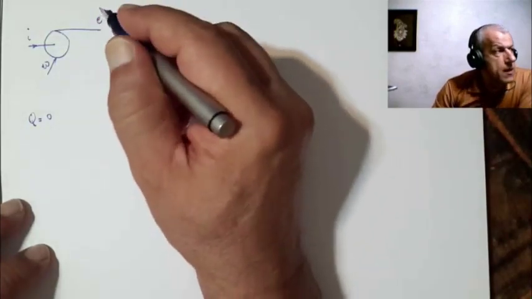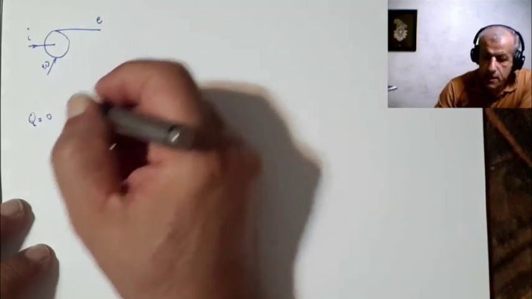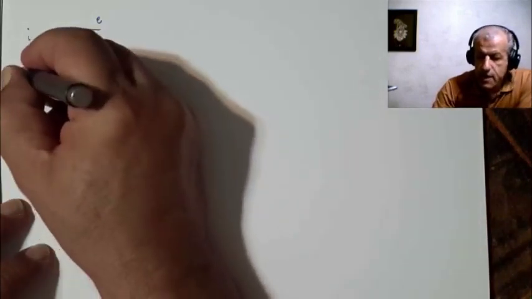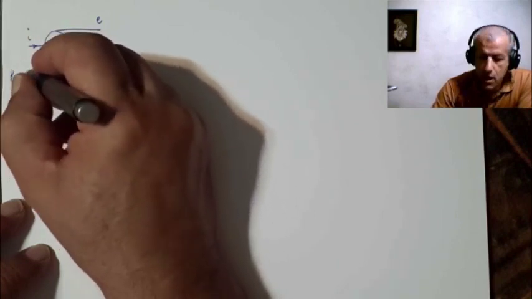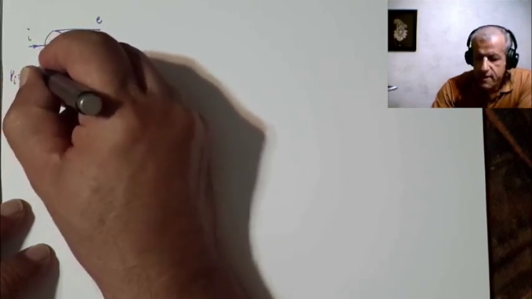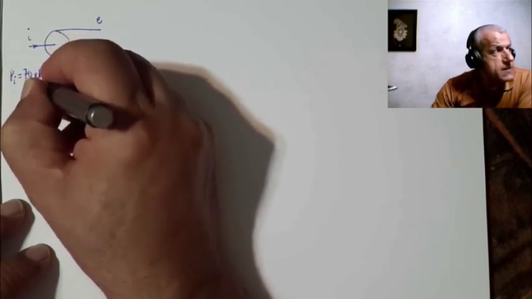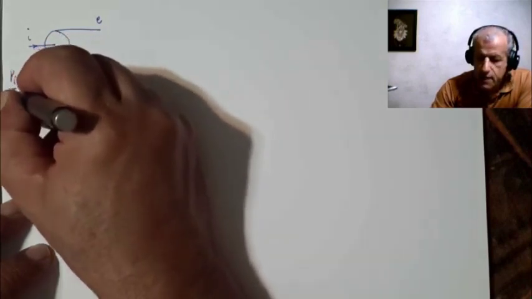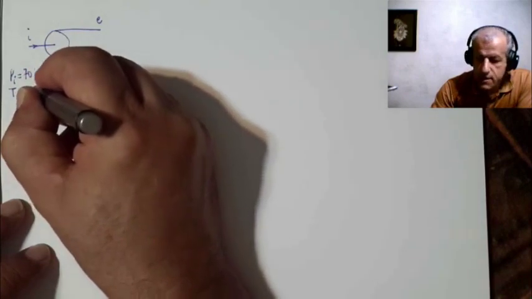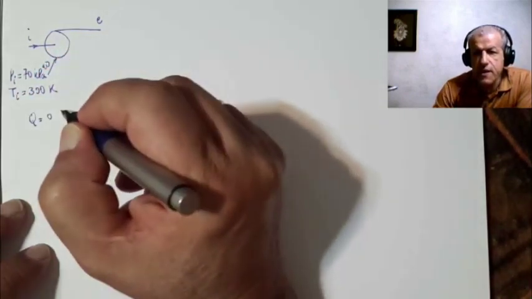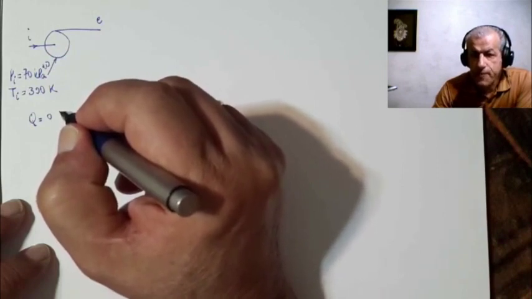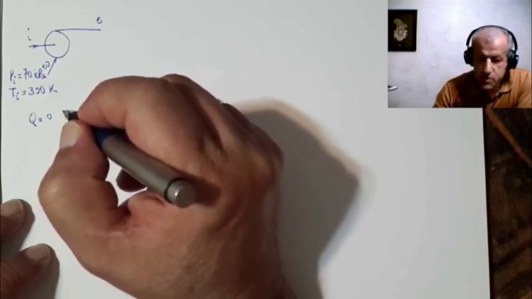So it's an adiabatic pump, and it says that PI, which is the inlet pressure, is 70 kilopascals, and TI equals 300 kelvins. These are the inlet pressure and temperature.